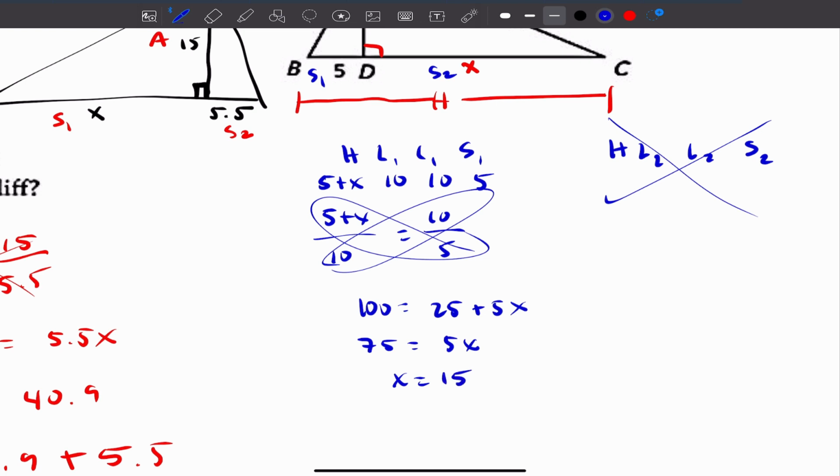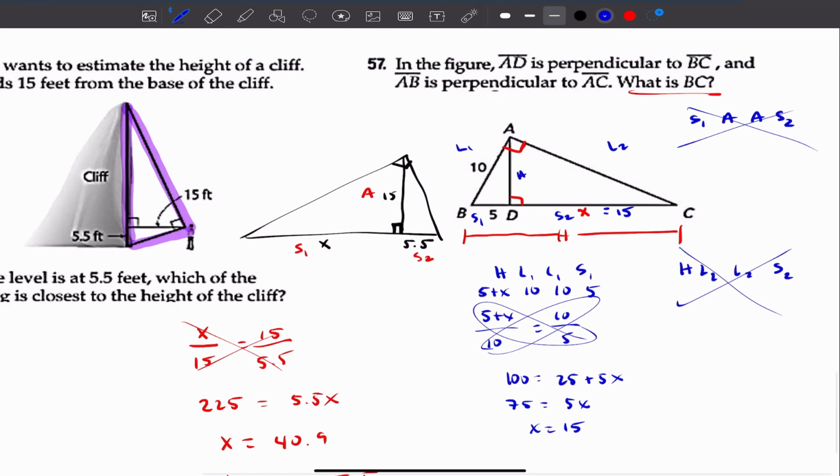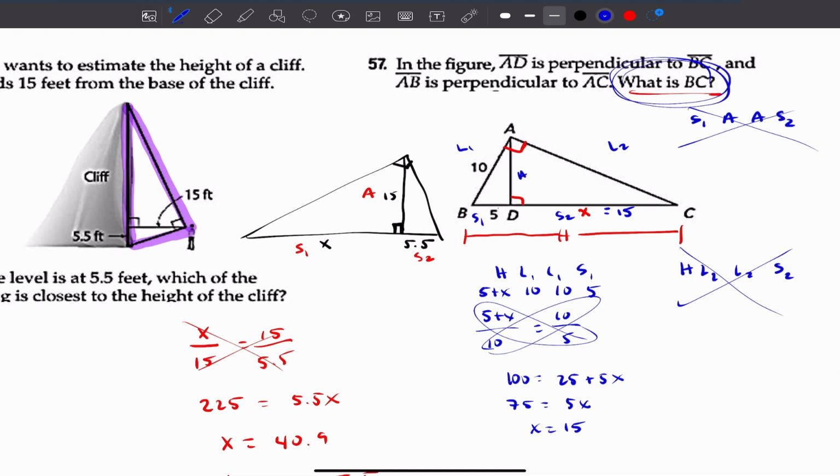So X is equal to 15, and I want to know how long BC is, right? Well, it's 5 plus 15, so the measure of BC is not 50, it's actually 20. And there you go. BC is 20. Alright, I'm done.